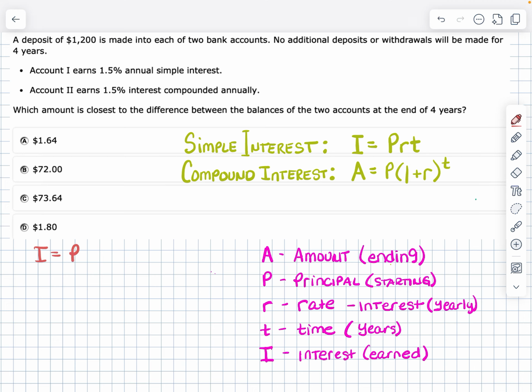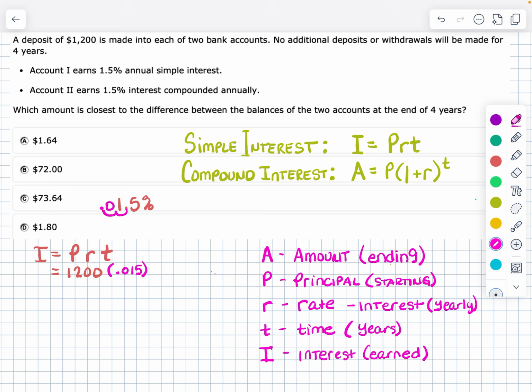The interest rate is 1.5%, which means we're going to move the decimal. We're basically dividing it by 100, which means to move the decimal over 2 points. So I'm going to put that in parentheses. I don't have to, but it makes it easier to see. And then the time is 4 years.